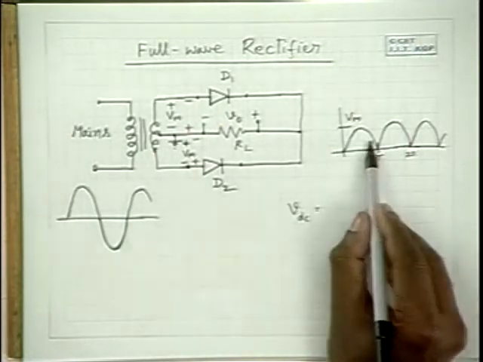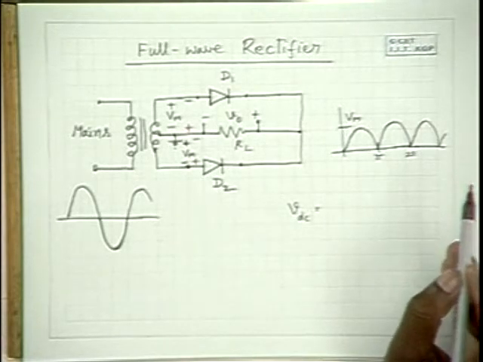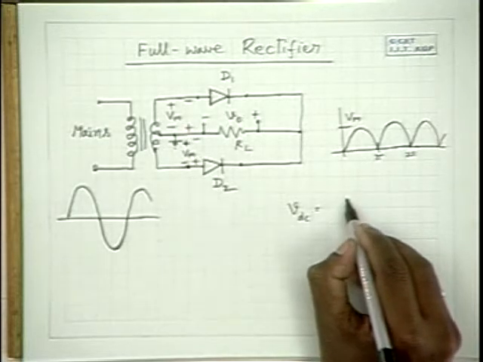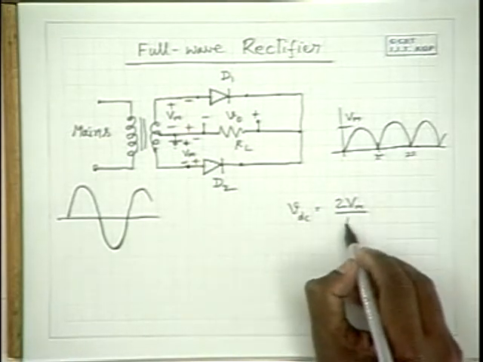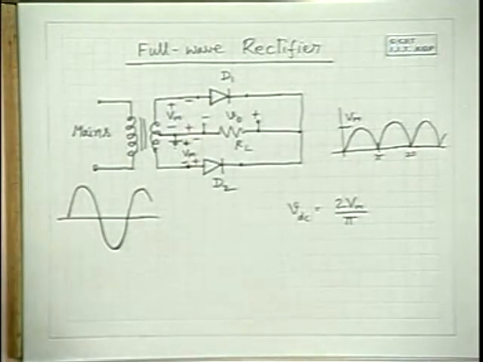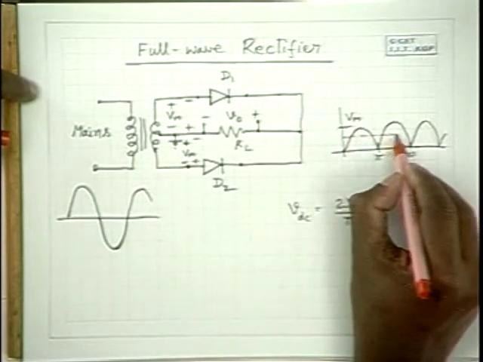So now the averaging is over the same area, averaged out over pi. Hence, you get the DC component as 2 Vm by pi instead of Vm by pi. You get a DC component which is twice that of the half wave rectifier.